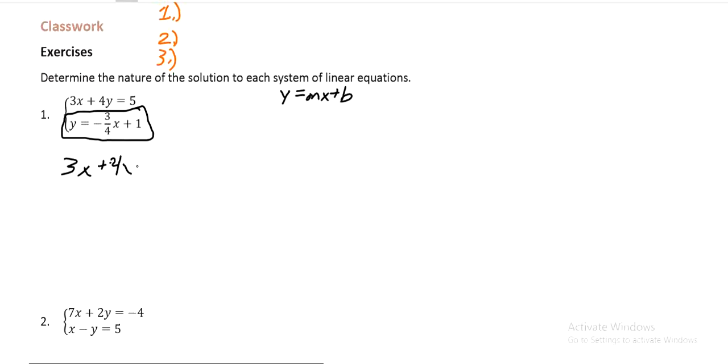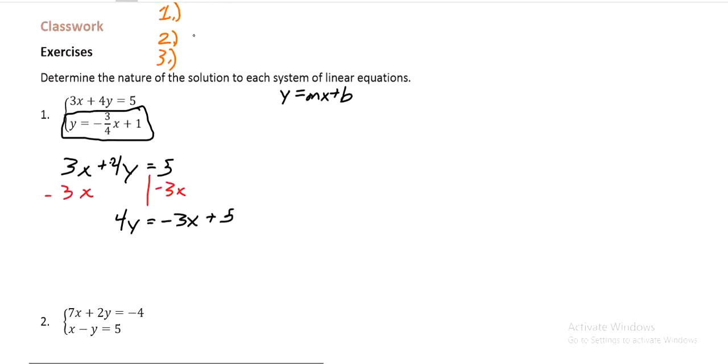So we have 3x plus 4y equals 5. We'll do our algebra and rearrange all this, subtracting the term that's being added to y first. Left with 4y equals negative 3x plus 5.